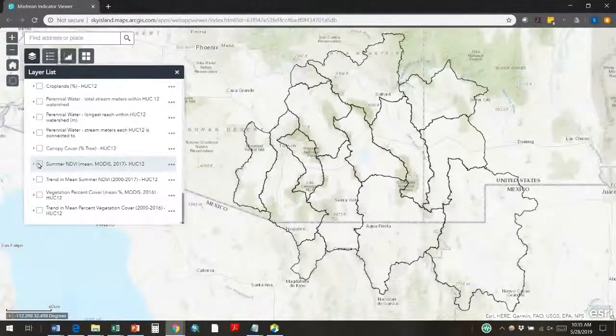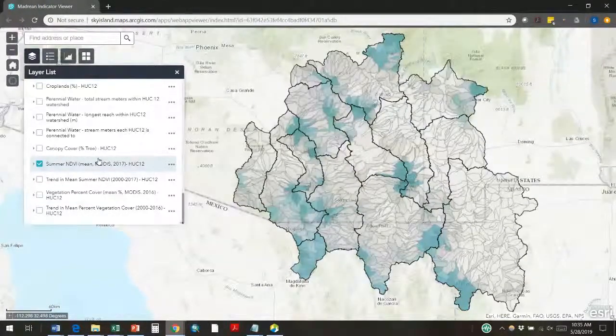We have summer NDVI values for each area. This is the mean for the whole HUC-12 for the whole summer in 2017, the most recent year. You can see the mountains show up as greener in general, of course.